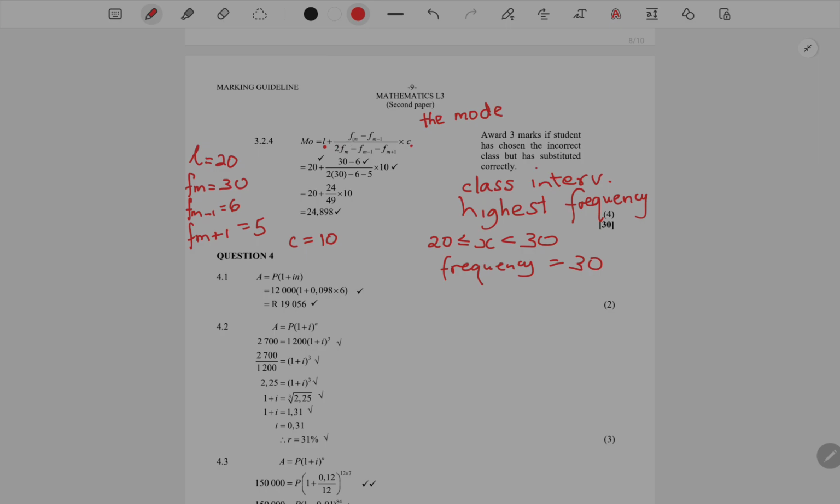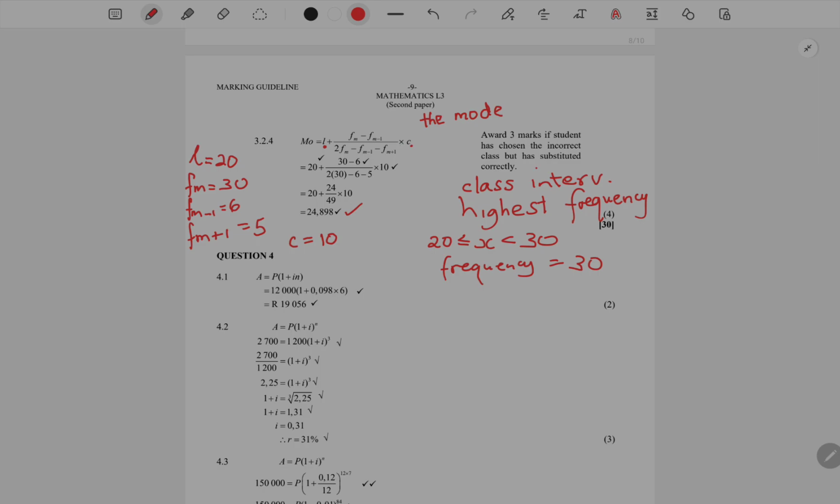Then 2, and bracket, Fm which is 30, minus Fm minus 1 which is 6, minus Fm plus 1 which is 5, times 10. Then you use your calculator for everything. Your answer is 24,898.